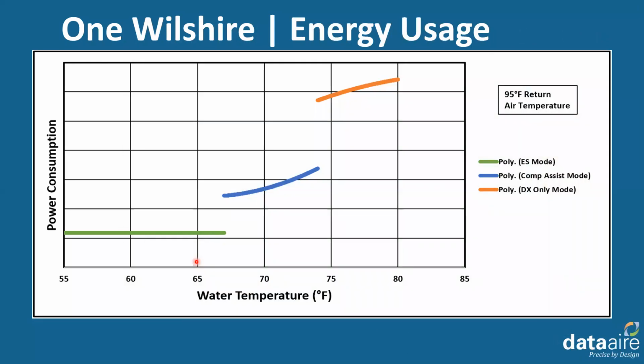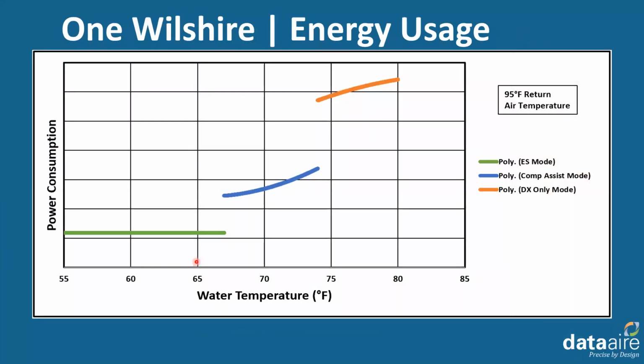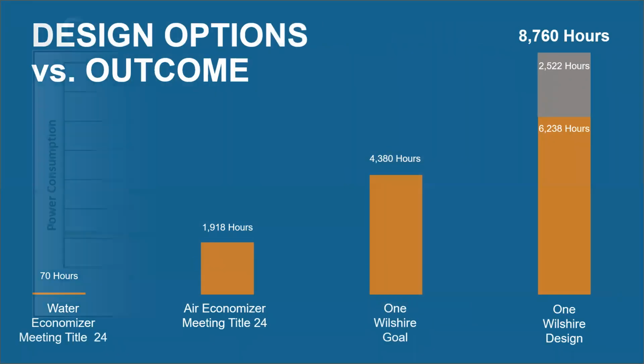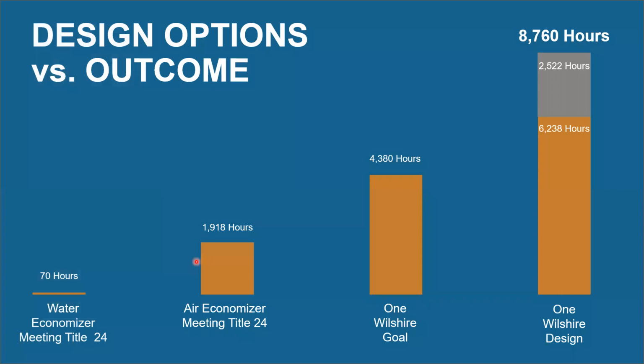The blue line shows that the compressor starts and the power consumption increases as the compressor speeds up to meet the increasing load. And then finally, we hit 74-degree entering water temperature. That's the orange line. We have to turn off the economizer, and the compressor runs and ramps up speed by itself to meet the load. So these are the three modes of operation.